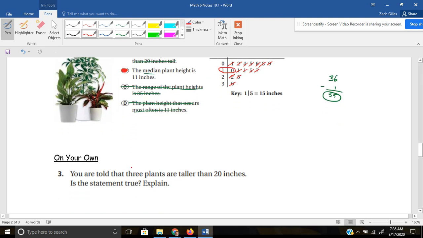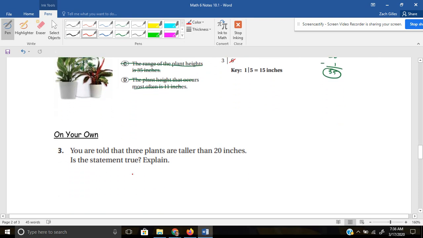All right. Lastly, pause for the last on your own. Okay, it says you are told that 3 plants are taller than 20 inches. Is the statement true? And explain.